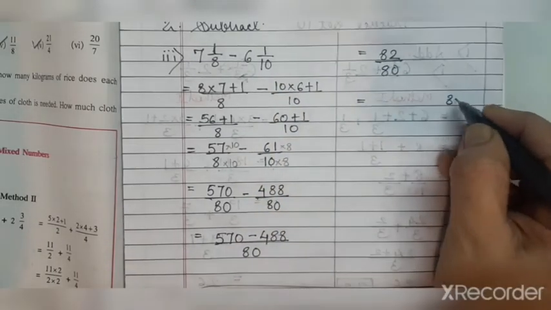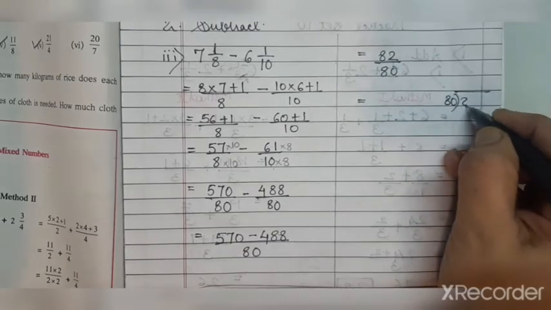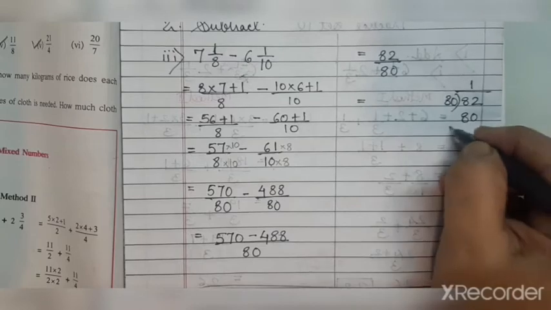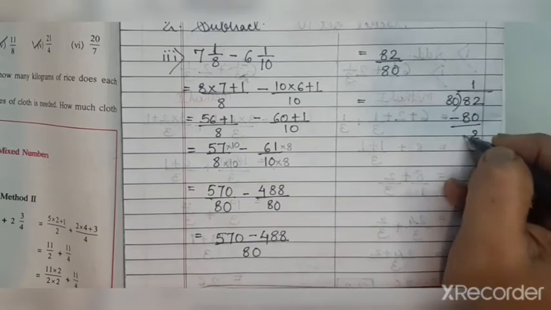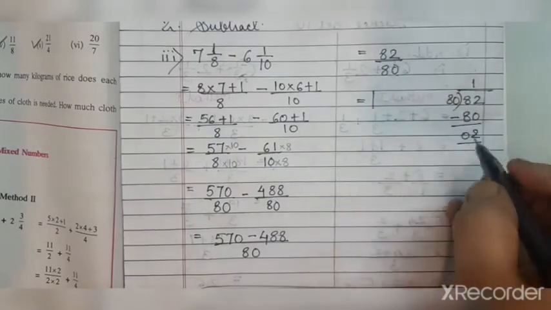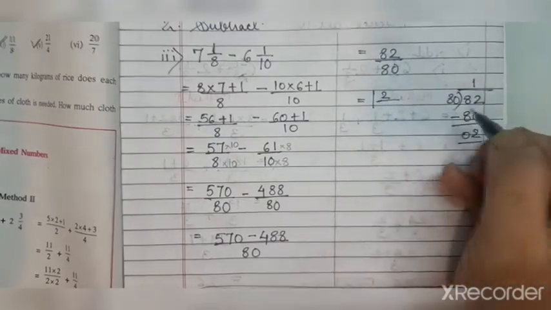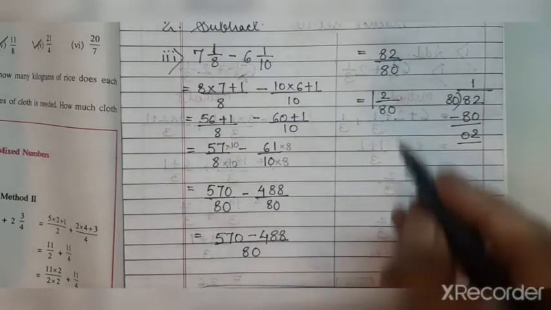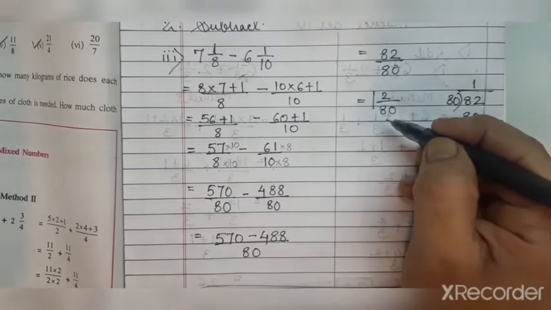You can show it at the side. 80 ones are 80 only we can take. Remainder is 2. And how do we write this? Quotient and remainder upon the divisor. Okay. So it is 1, 2 upon 80.